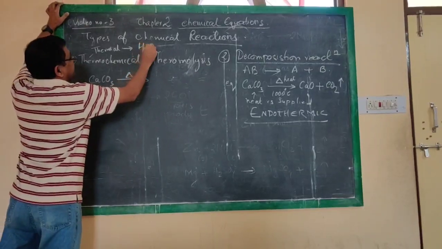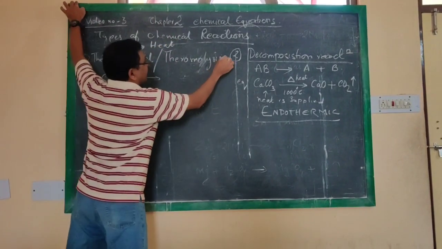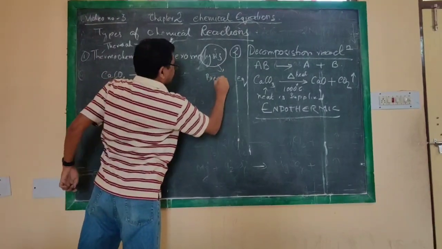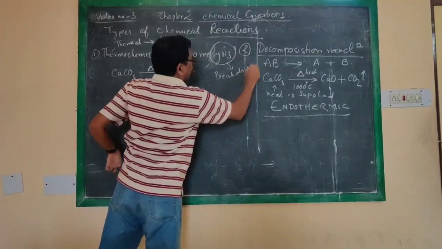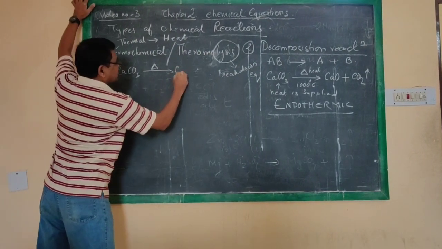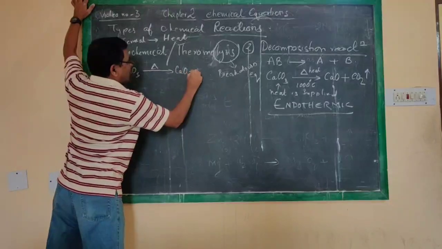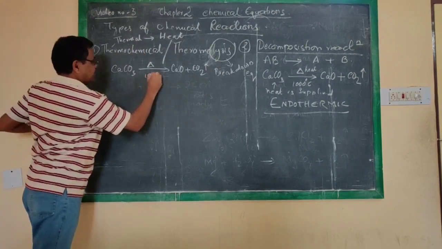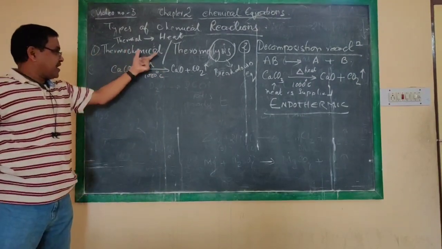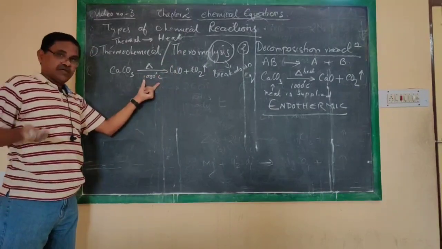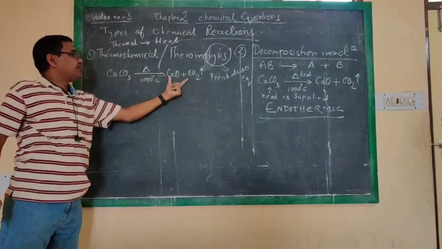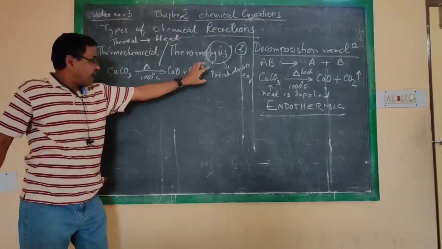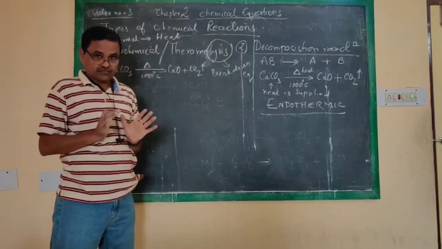Thermal means heat, and lysis means breakdown. So CaCO3 gives CaO plus CO2. This is a thermal equation. In a thermochemical reaction or thermolysis, heat is supplied to break this down into calcium oxide and carbon dioxide. Lysis means to break.